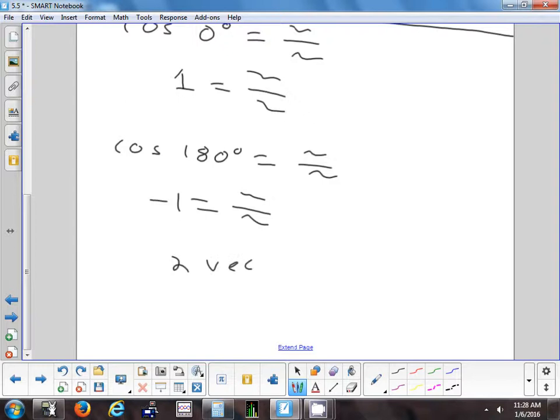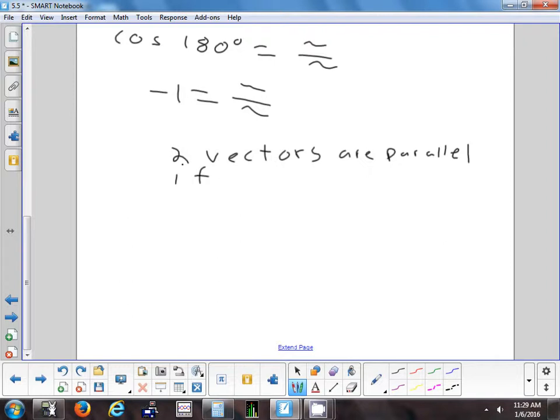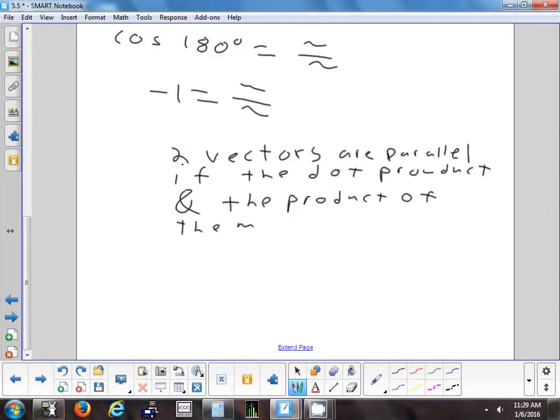We could summarize it. 2 vectors are parallel if either the dot product and the product of the magnitudes, in other words the numerator and the denominator, are the same.